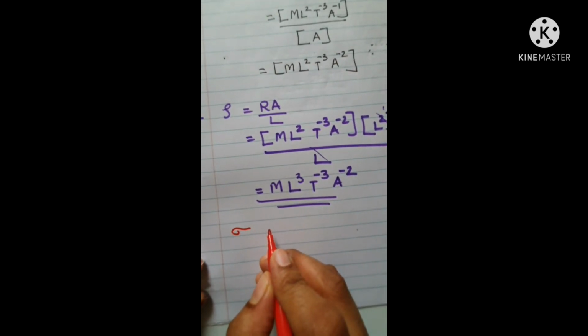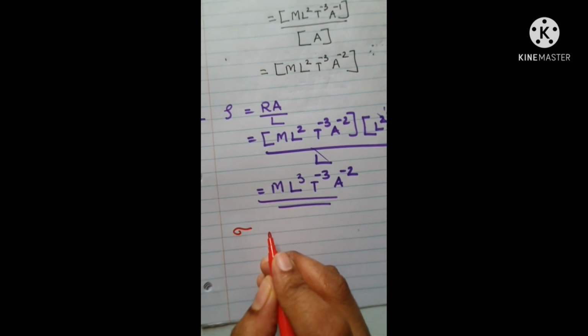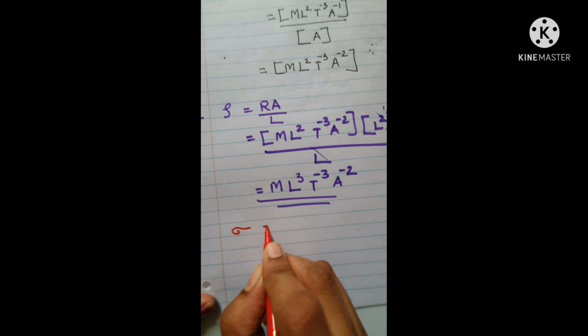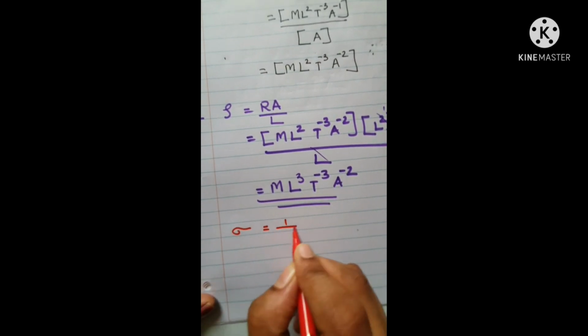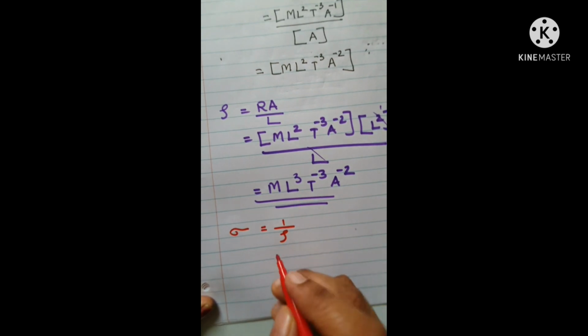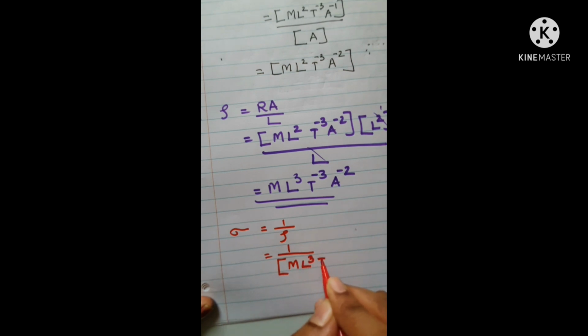Next is conductivity, that is sigma, or mho is the unit. So that is equal to 1 by resistivity. Okay, so resistivity we already got. So 1 by resistivity means resistivity as it is we will be writing, 1 by that.